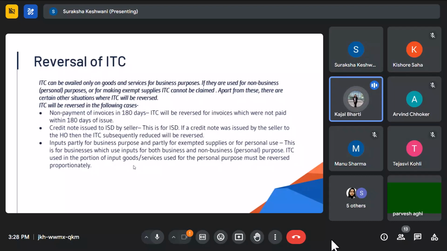Firstly, non-payment of invoice in 180 days, which we discussed earlier. If the invoice is not paid, then it will be reversed. Secondly, credit note issued by ISD by seller: if a credit note was issued by the seller to the HO, then the ITC subsequently reduced will be reversed.